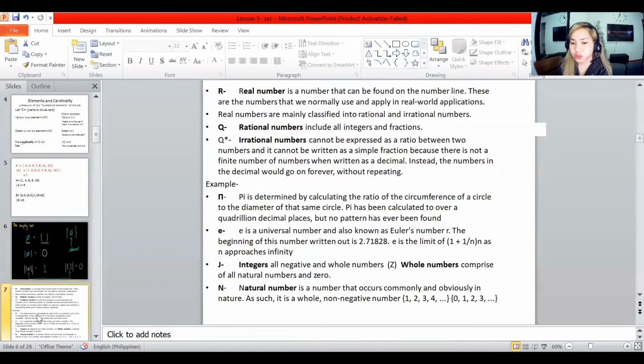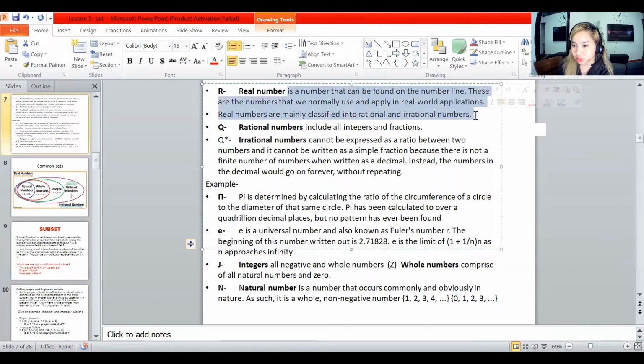Next, points to remember lang din po ulit. Real number, ito po yung definition ng real number. Lahat po ng number na naiisip nyo, real number po siya, kasama po yung pi or yung e. So meron tayong 2 kinds or under ng real number: rational numbers and irrational numbers.